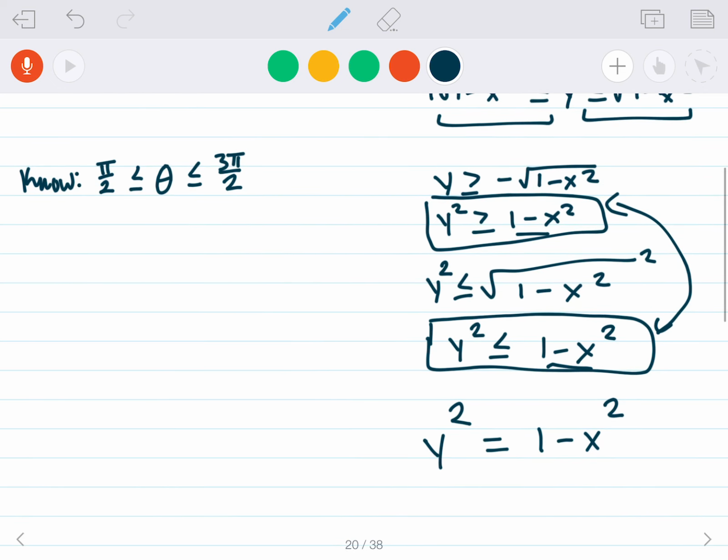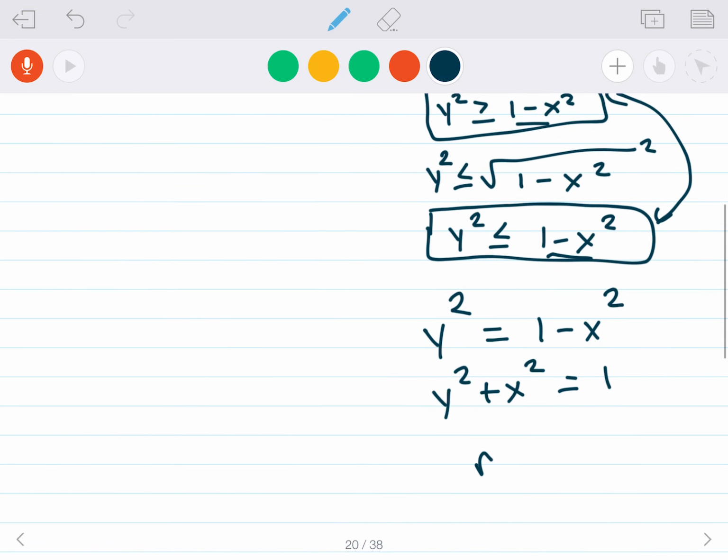So going ahead to isolate this number 1, if I add x squared to both sides, I get y squared plus x squared equals 1, and so this is a circle centered at the origin of radius 1.